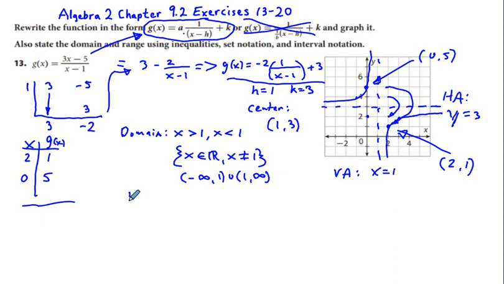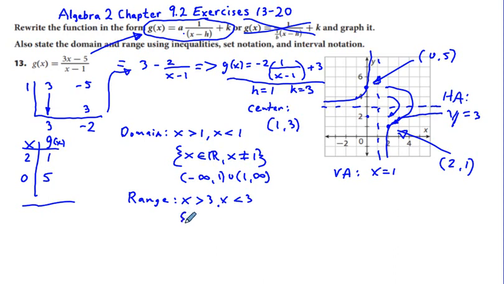And the range is a very similar thing, except the critical number here is going to be the value of the horizontal asymptote, which is y equals 3. So we have our range is y is greater than 3, and also y is less than 3.